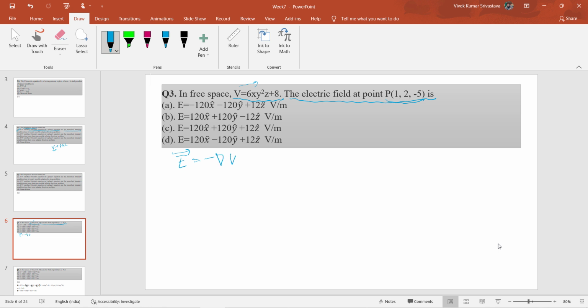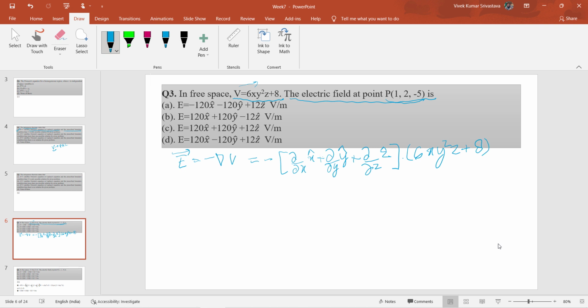So this can be represented as del by del x x cap plus del by del y y cap plus del by del z z cap, into the potential that is given to you, that is 6xy square z plus 8.